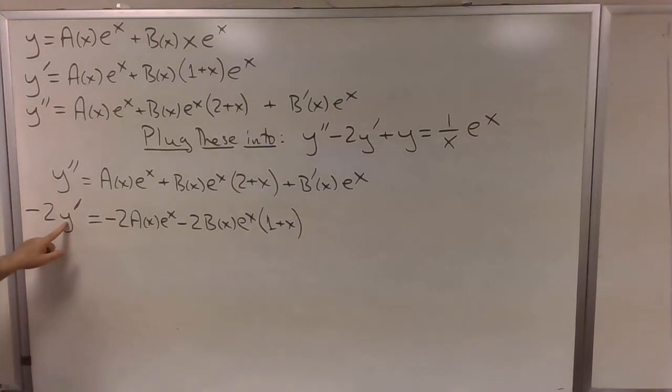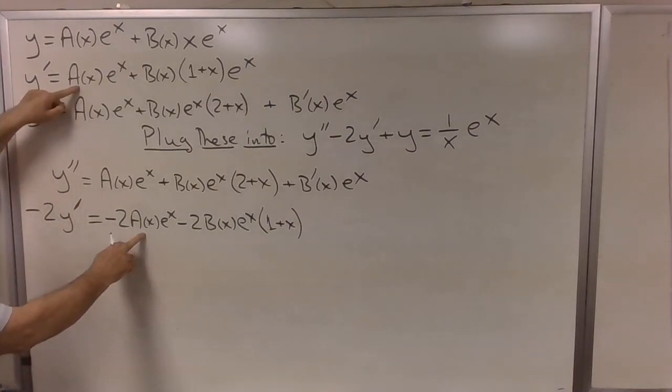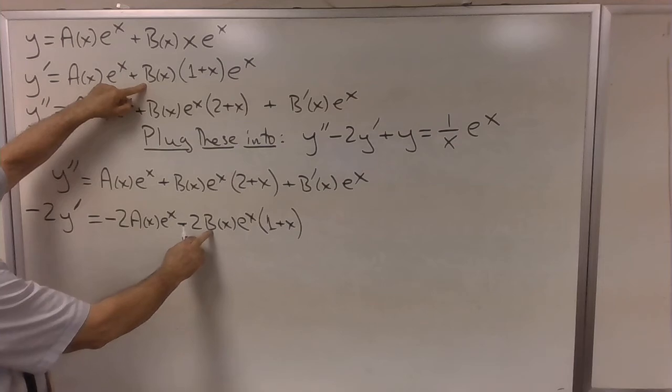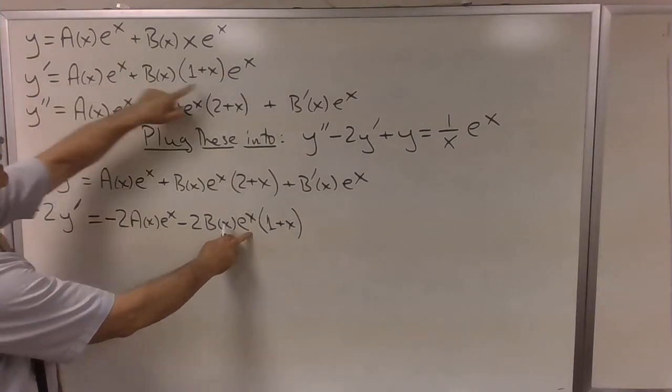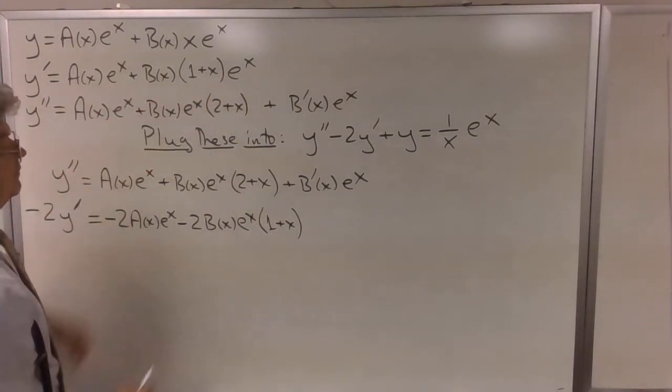So minus 2y prime is minus 2 ax e to the x minus 2 bx e to the x, 1 plus x. Okay.